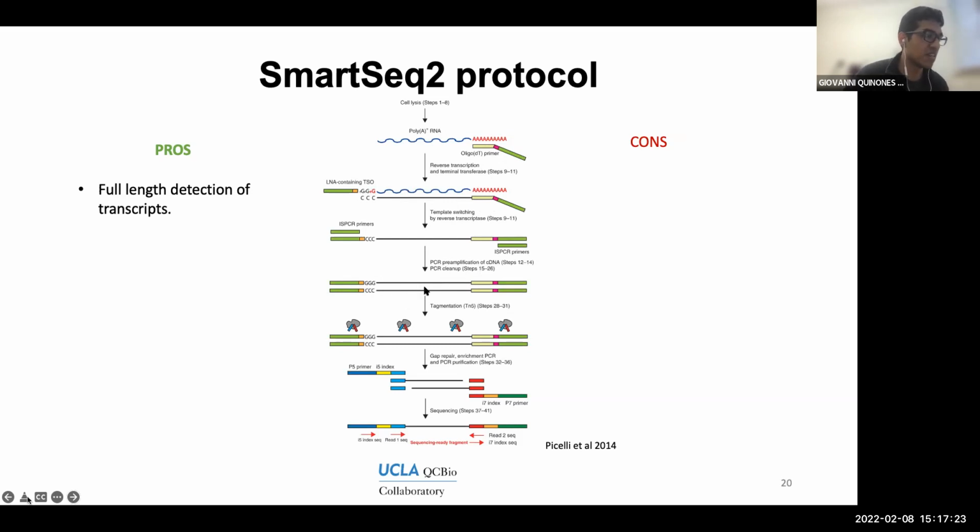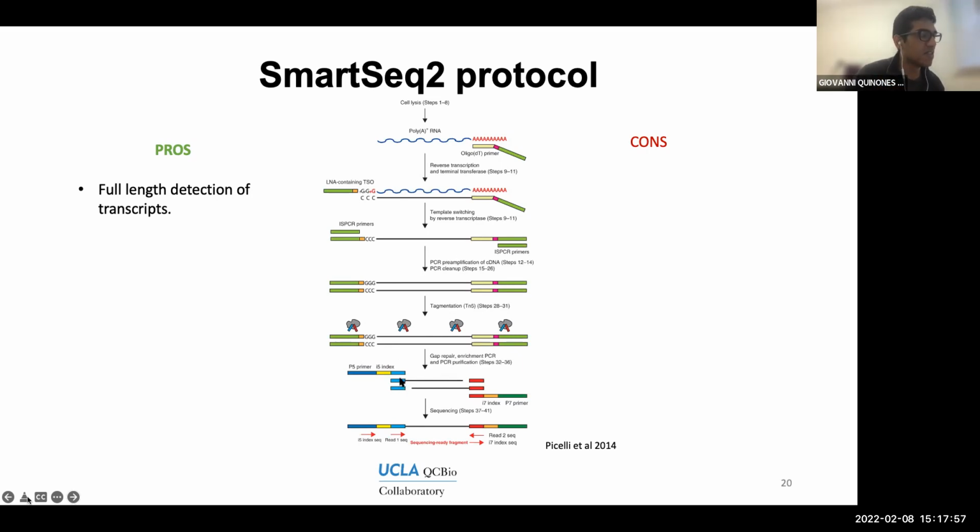So now you have your two-stranded cDNA copy of your poly-A, and then in the next step, called tagmentation, you pretty much break down the full transcript and add some flanking sequence on the sides. From your full length transcript, you're going to add these blue and red oligos.